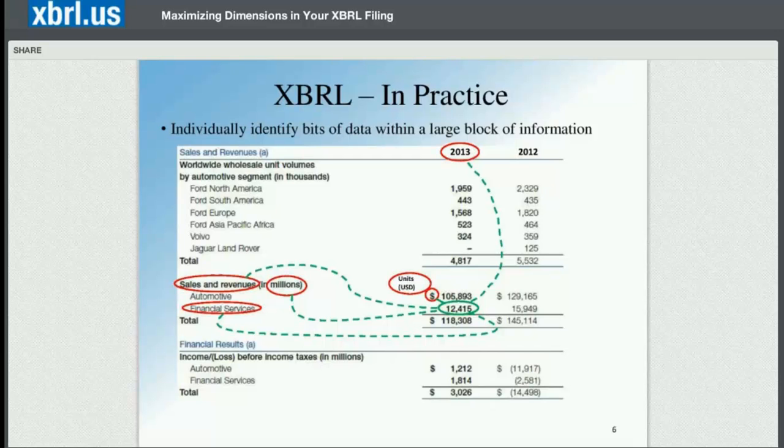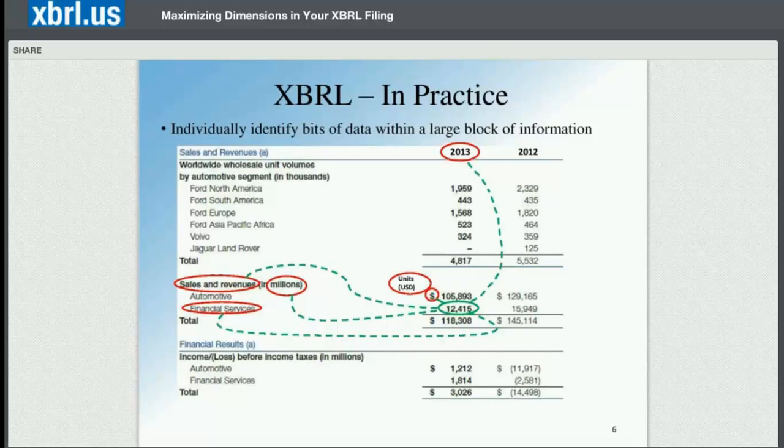We know that this is a segment footnote, so we would have a concept called segment or reportable business segment axis, and on there we would have a financial services member, which represents the financial services segment of Ford in this case. All of that is established in your taxonomy. That's part of your structure. But everything else you see, including Ford's CIK itself, goes on the fact value in the instance.